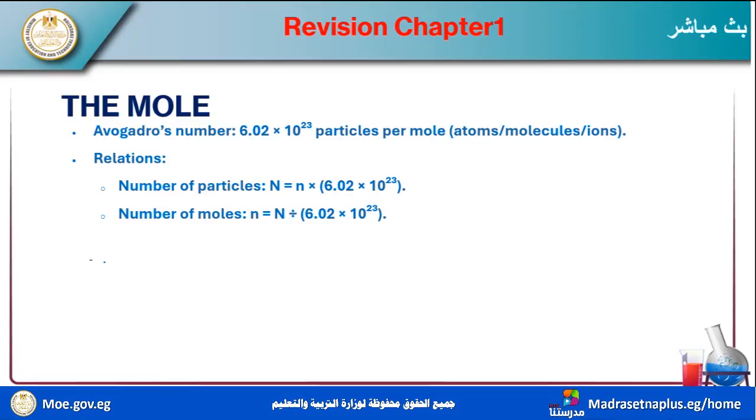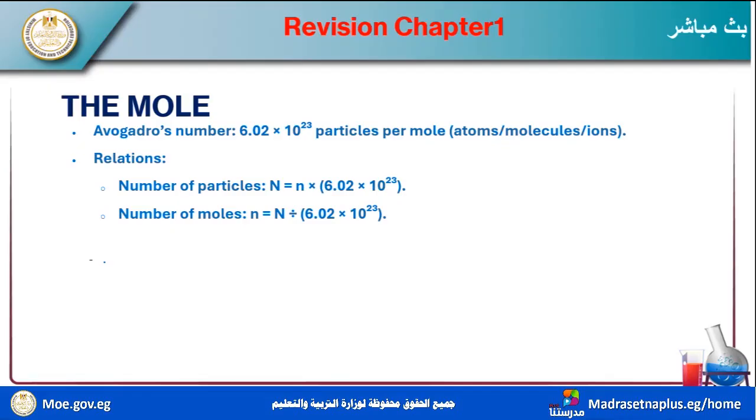Now we transfer to our concepts. What is the meaning of the mole? Review for this. The mole is a unit, for a quantity of a substance. Now Avogadro's number expresses the number of particles inside one mole.